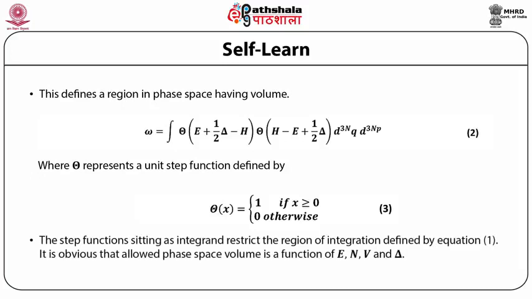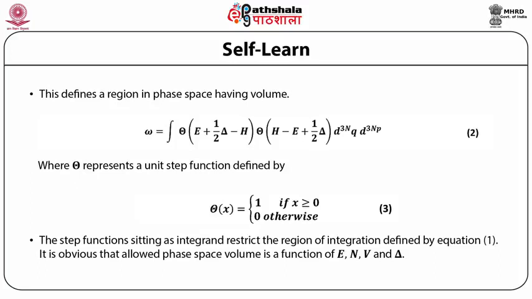The step functions sitting as integrand restrict the region of integration defined by equation 1. It is obvious that the allowed phase space volume is a function of energy E, number of particles N, volume V and delta.